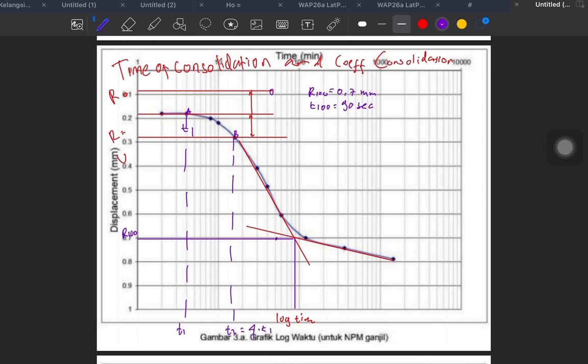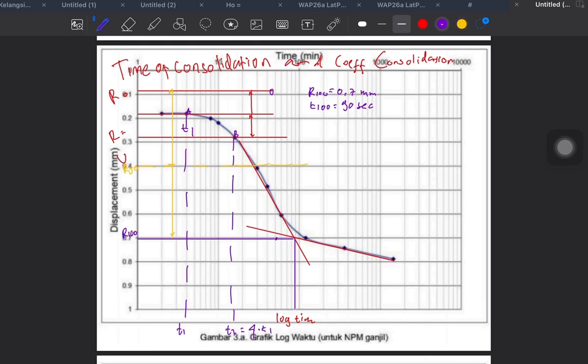If we divide by 2 the distance between the lines, you can get the value of R50.